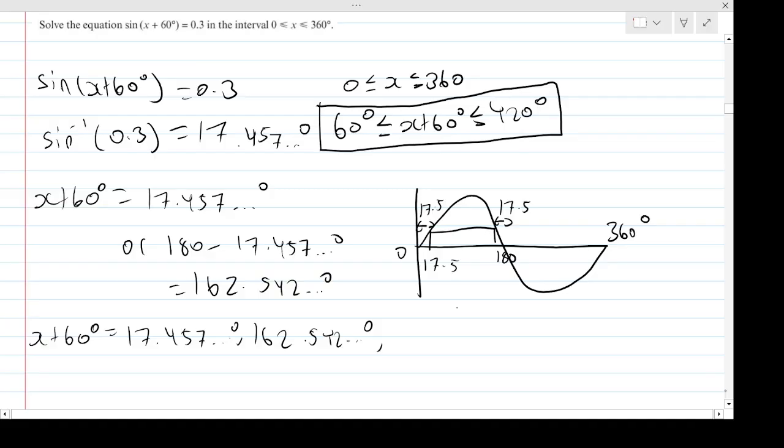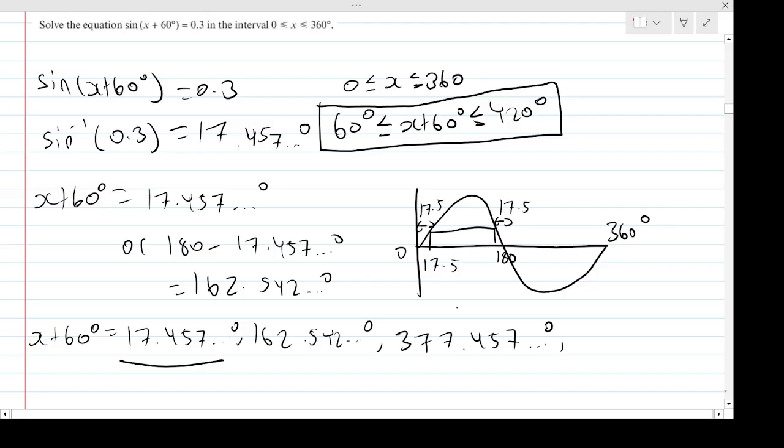And then we need to find more solutions to our list of answers. Those are all the solutions between 0 and 360. So to find more, we just need to add on 360, because then it will be repeating. So if we add 360 onto this first number, we would get 377.457 degrees.